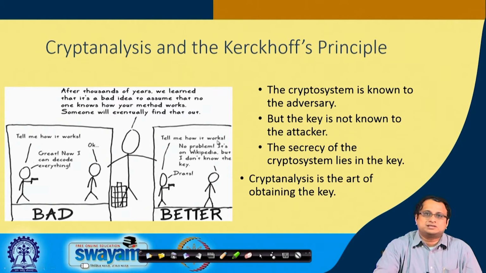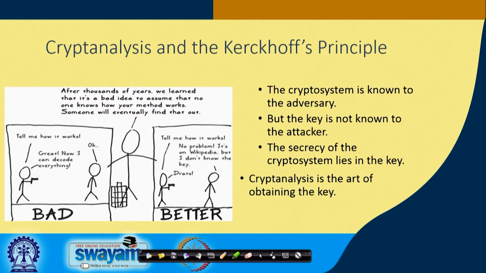There is a principle called Kerckhoffs's principle, which says that the cryptographic algorithm is always assumed to be known to the adversary. We have understood this historically: we may try to develop proprietary algorithms, but there are various ways through which the proprietary algorithm eventually comes to the public. People can either reverse engineer it or even compromise a person who has knowledge about the algorithm.